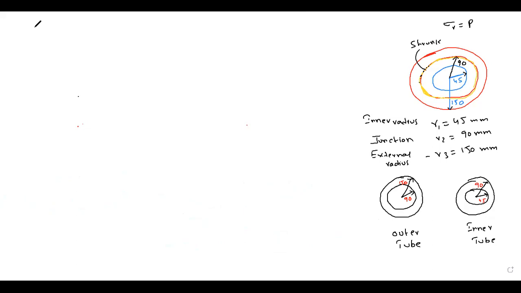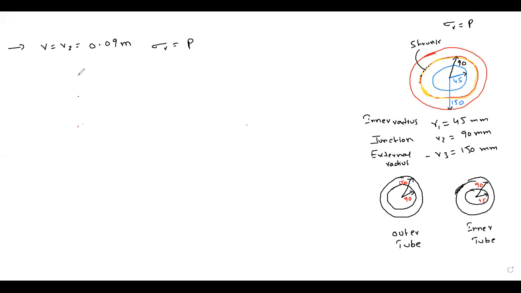So write the equation: R is equal to R2 is equal to 0.09 meter, and the pressure at the junction is P, because this is the junction in the inner tube and also in the outer tube.